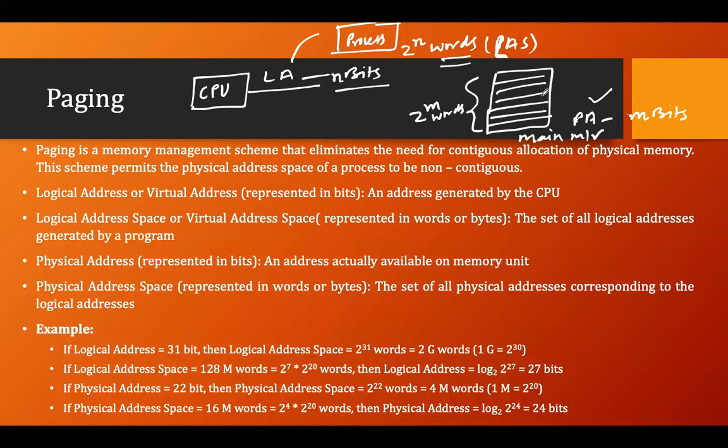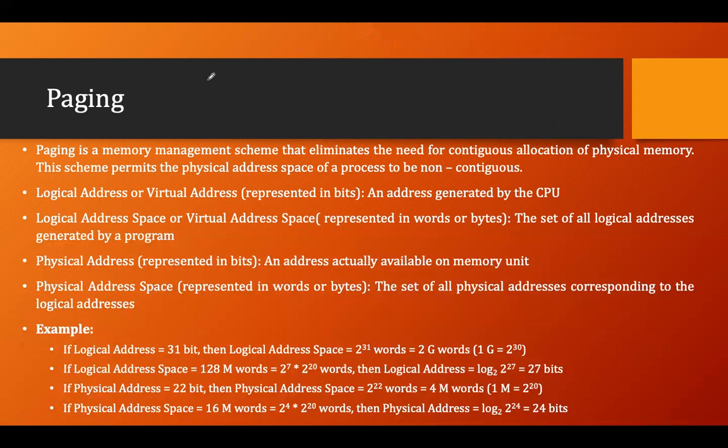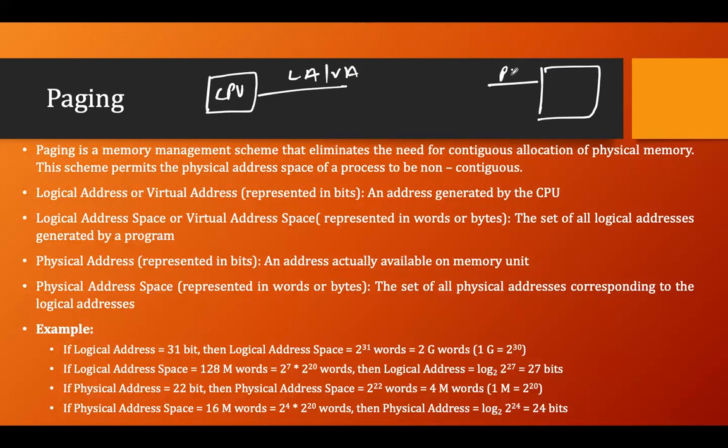So here what will happen is the CPU generates the logical address or virtual address, which will be converted into the physical address using hardware or software or a combination of them.